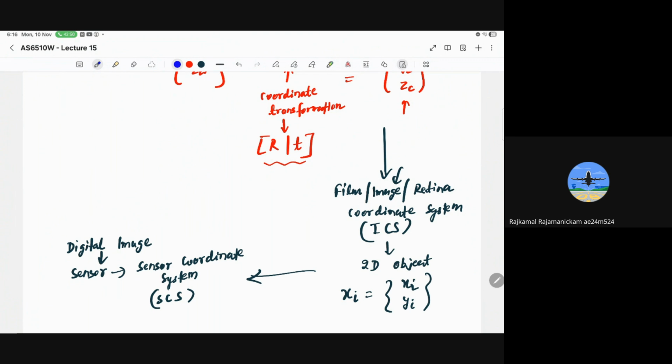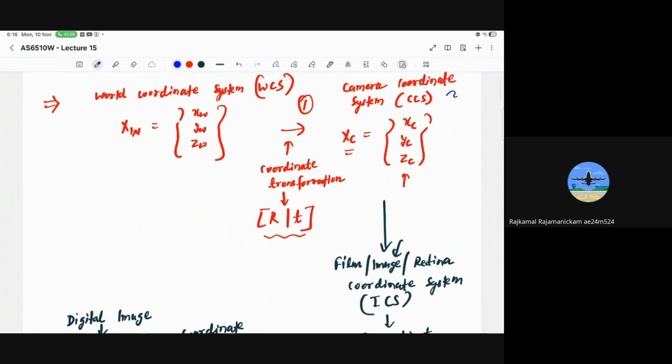Okay, to write the kind of transformation we have: from the camera coordinate system to the image coordinate system or film coordinate system, this is the perspective projection, which I just explained, and this is from 3D to 2D. This was also 3D. This camera coordinate system is also 3D. Then when you are coming from the camera coordinate system to the film coordinate system, you are going from 3D to 2D.